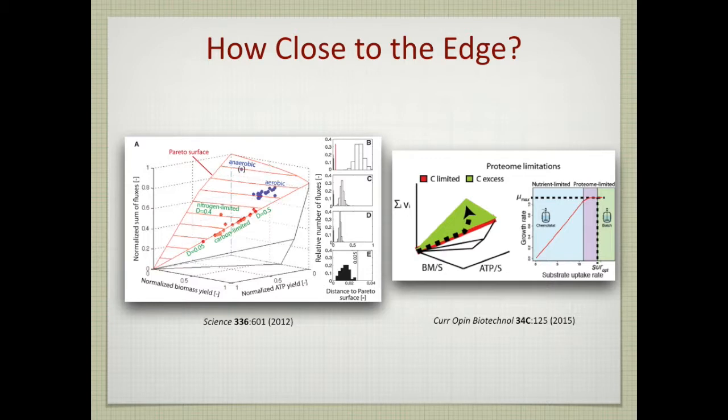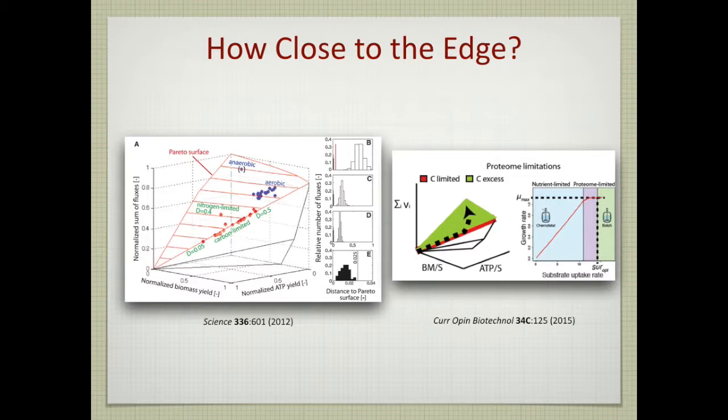This panel here to the left comes from Uwe Sauer's lab at the ETH, where they looked at 3 different optimization criteria. The z-axis is the length of the flux vector, which is a proxy for having the minimal proteome expressed.